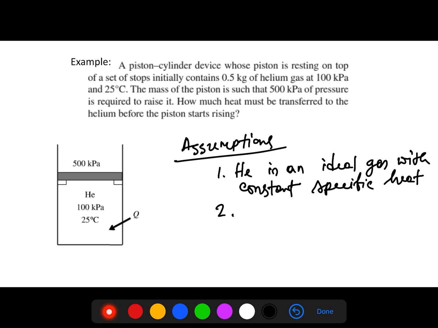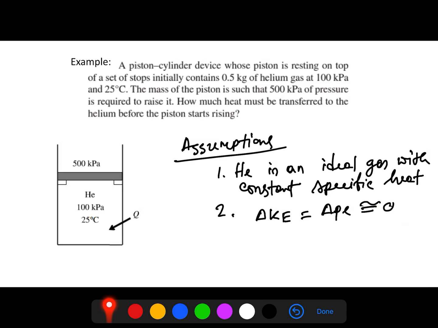So what we can say, guys, is the kinetic and the potential energy changes are negligible. Again, we assume that the change of the kinetic energy and the potential energy is close to zero, it is negligible. We're not saying this is zero, but we said it is close to zero.